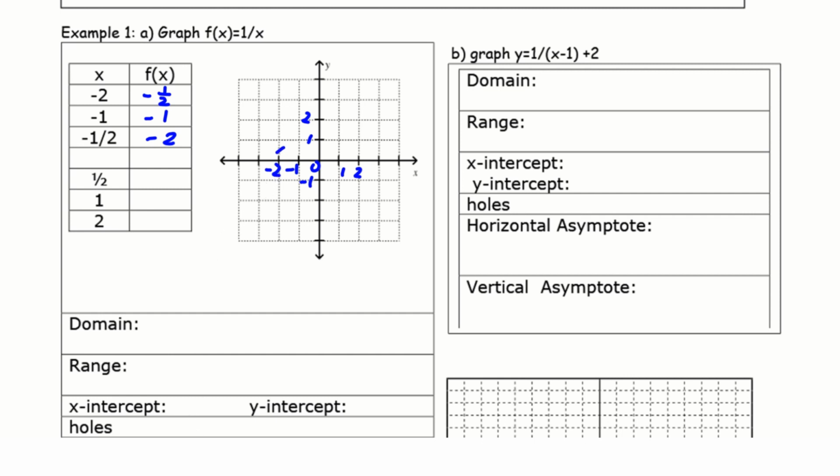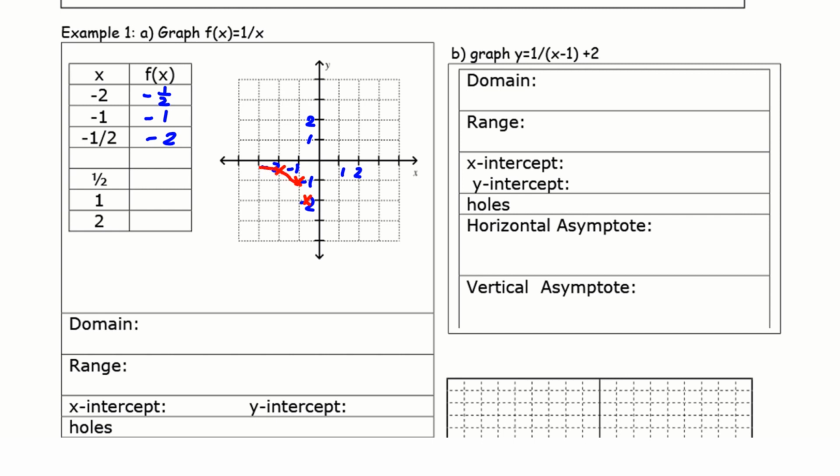They have the same sign because 1 divided by negative gives you negative. So the points will be -2, -1 over 2, and -1, -1. So -1 over 2 gives you -2.